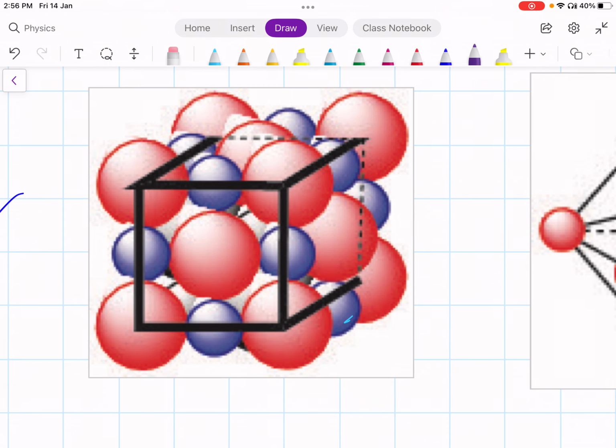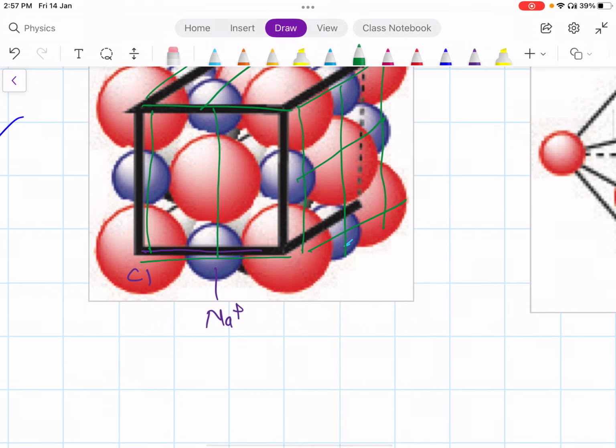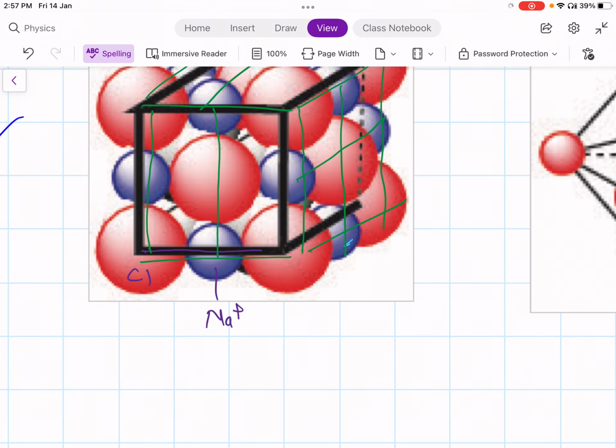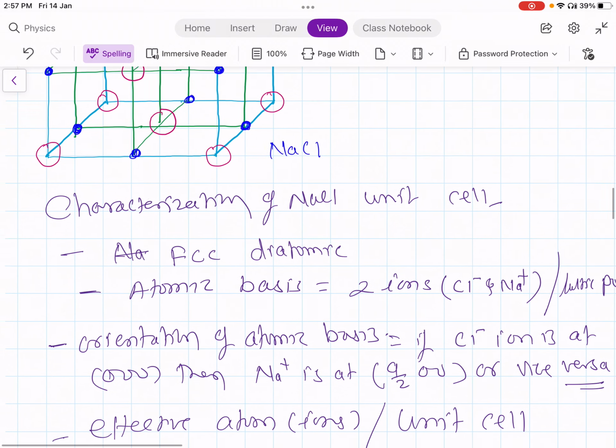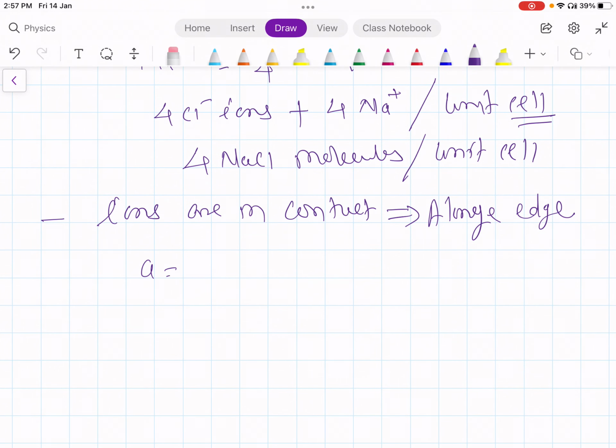The red are chlorine and this is sodium, and along the edge you can see clearly that along any edge you take, they are in contact with each other, and our edge is A. So along this edge they are in contact, and therefore A is equal to diameter of chlorine ion plus diameter of sodium ion. That is A.